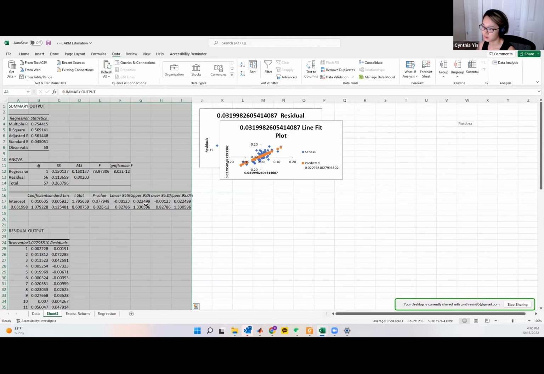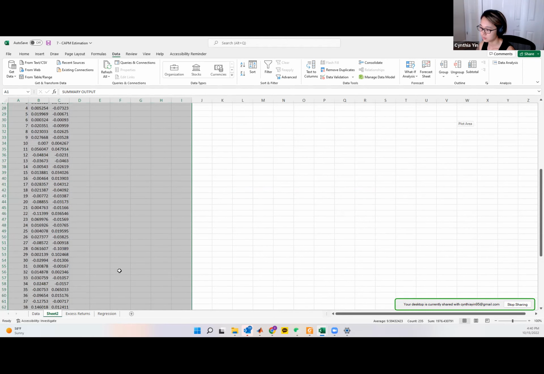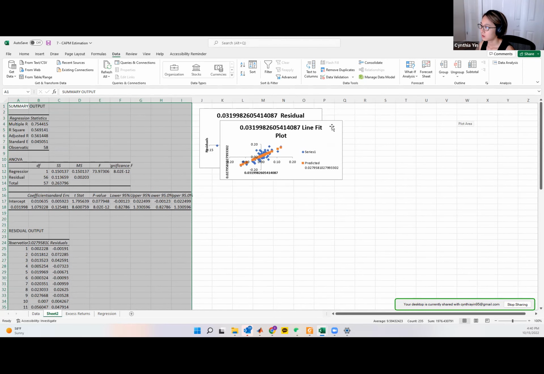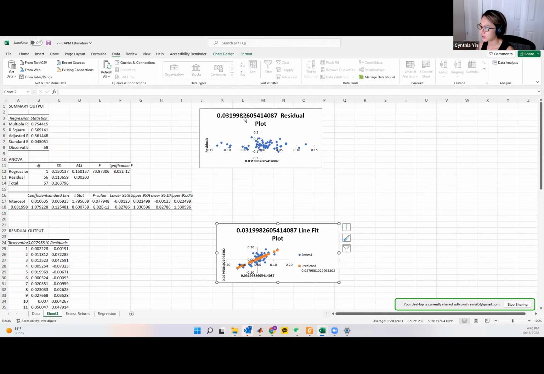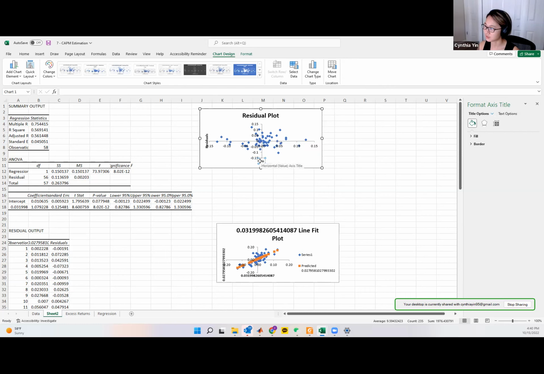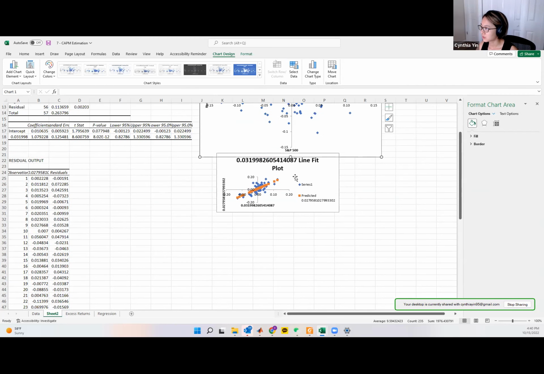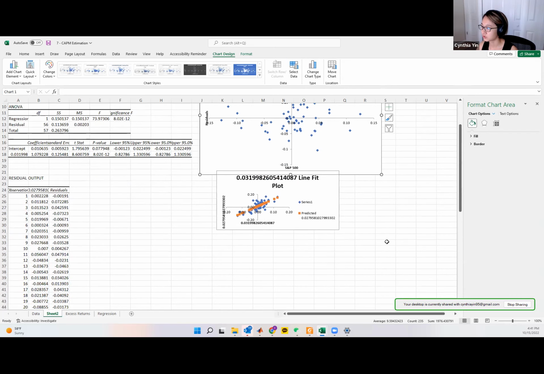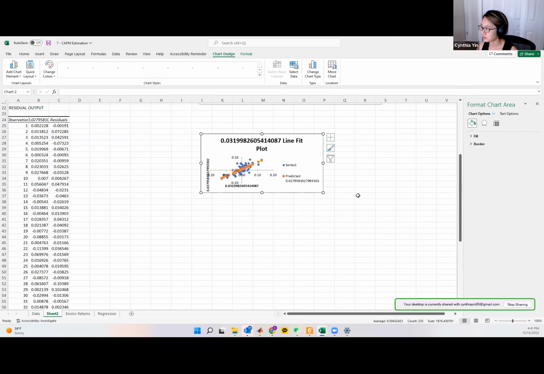You can see the output here. The labels look a little bit ugly, so you might want to change them; just delete everything. This is the residual one, and this is the X, the S&P 500. This is the residual plot, the same as I showed you. And this plot is the fitted line.